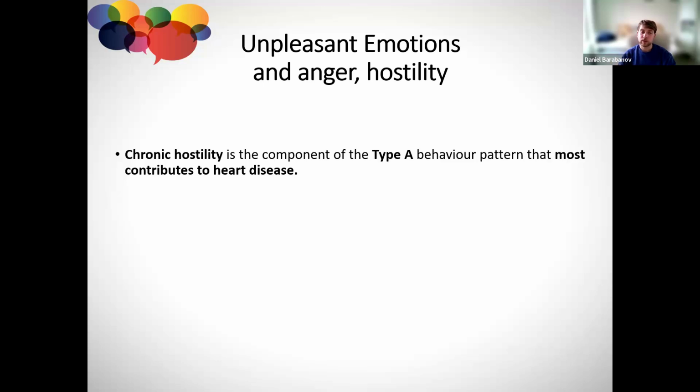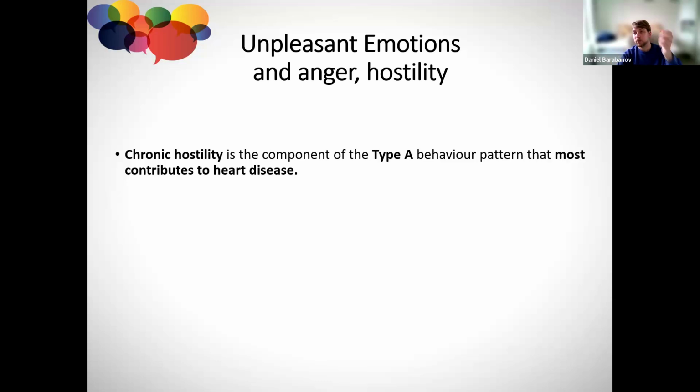The factor of hostility actually contributes to heart disease. So people with type A behavior suffer from different heart diseases much more frequently compared to type B. Type B people are more relaxed, slow-paced, and they don't try to compete with everyone else, and they just live more calmly.